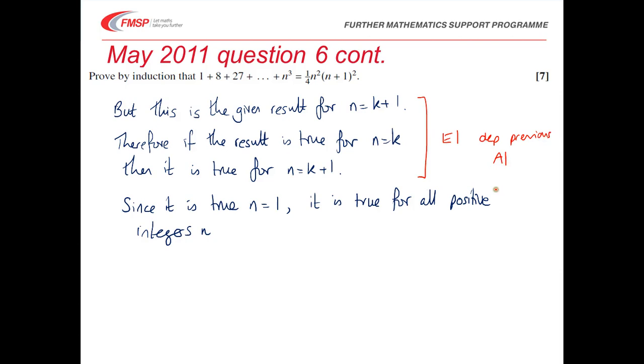And the final statement, since it is true for n equals 1, it's true for all positive integers n. And that is also dependent on the previous explanation mark and also on the B1 mark at the beginning. It's also dependent on everything being correct and no fudging of anything. So that final mark is also dependent on everything being perfect.